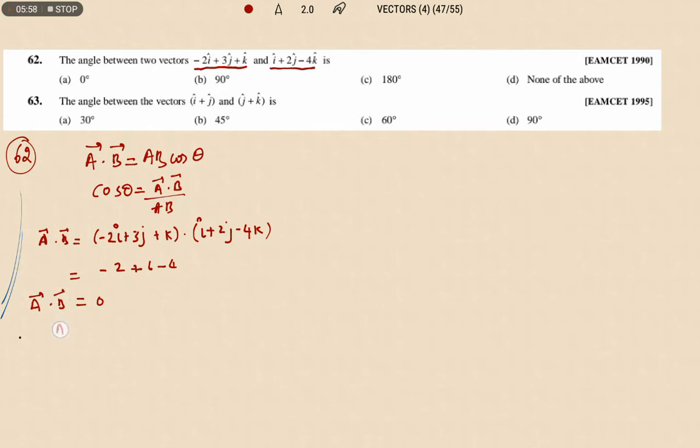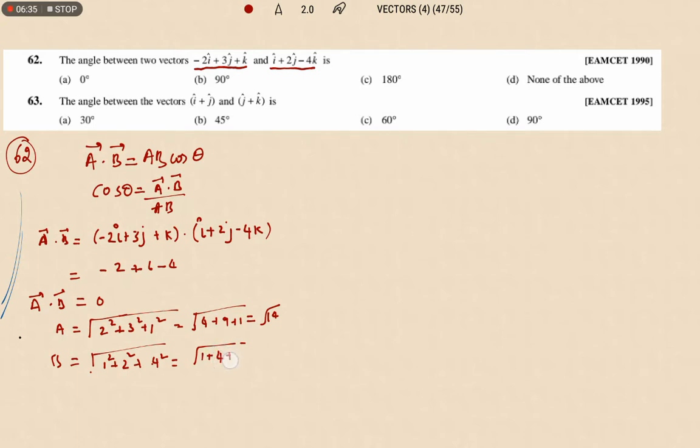Let us find the magnitude of vector a: under root of 2 square, 3 square, 1 square, that is 4 plus 9 plus 1, root 14. Next, the magnitude of vector b: under root of 1 square, 2 square, 4 square, so 1 plus 4 plus 16, that is root 21.